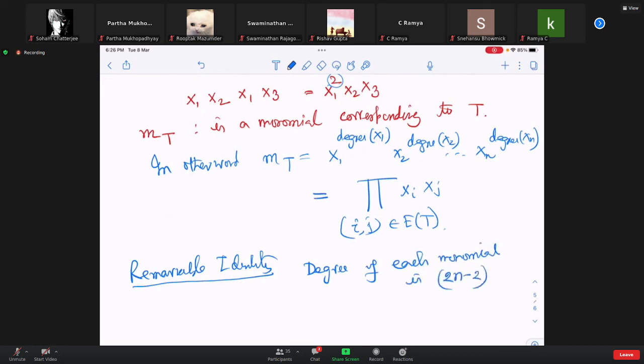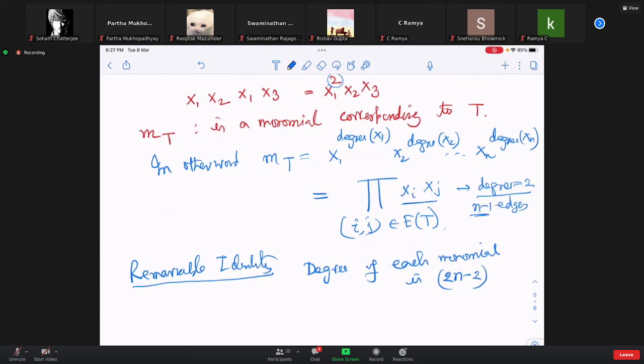Why? Because there are exactly n minus 1 edges, and each edge contributes 2 to the degree. True? Is that what you said, Aditi? The degree of each monomial is 2n minus 2, right?